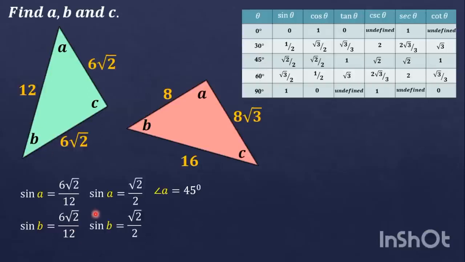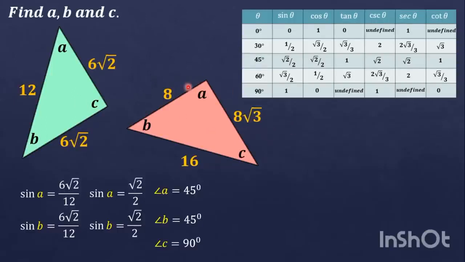So, ganun din po. Same lang po siya. Your angle B is equal to, yung sine B mo, which is ang lumabas ay square root of 2 over 2, tingin ka sa table, 45 degrees. Ayun po siya. Okay? So, makukuha na natin ngayon si angle C. Kung ito ay 45, ito ay 45, ano po ito? This is 90 degrees.